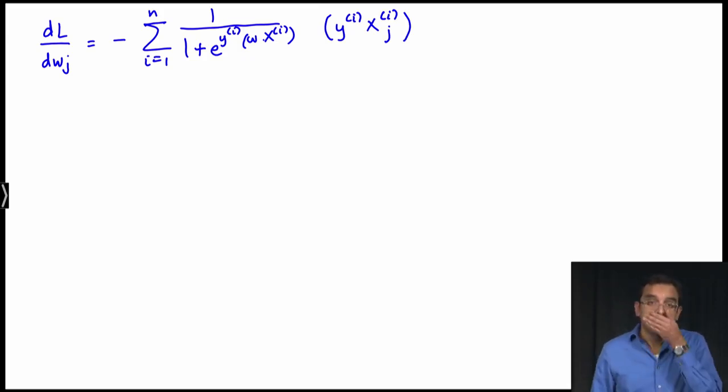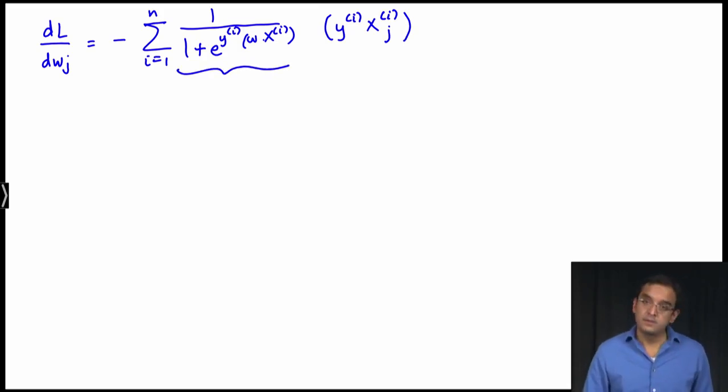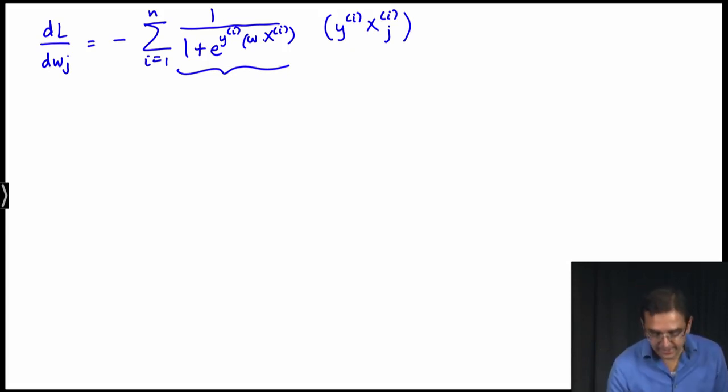Okay, now that first term actually looks familiar. Comparing it to the logistic regression function, what we see is that it's actually the probability under w of the label being negative yi given xi.